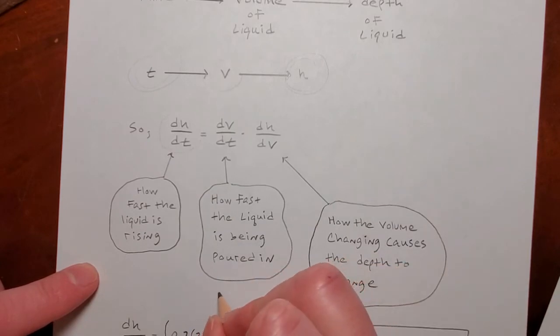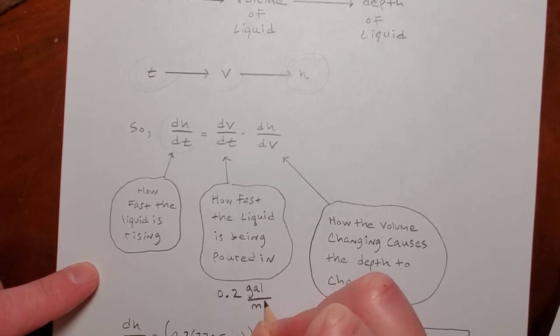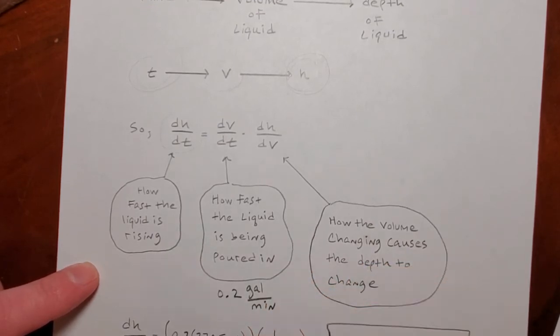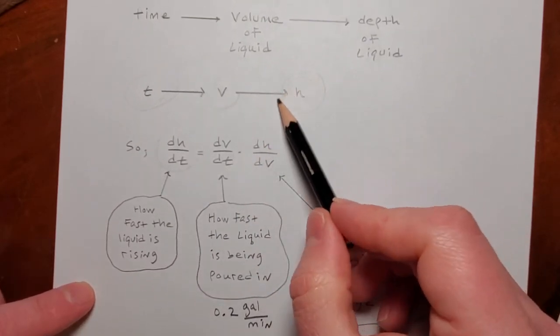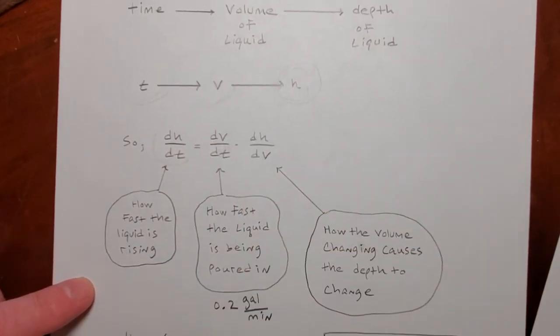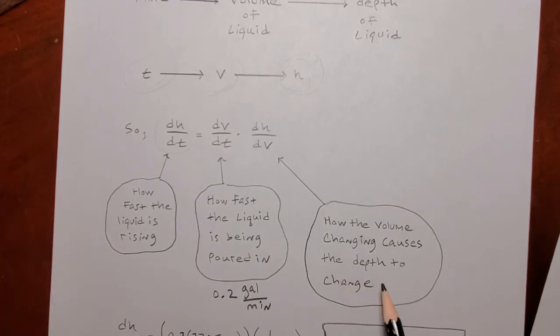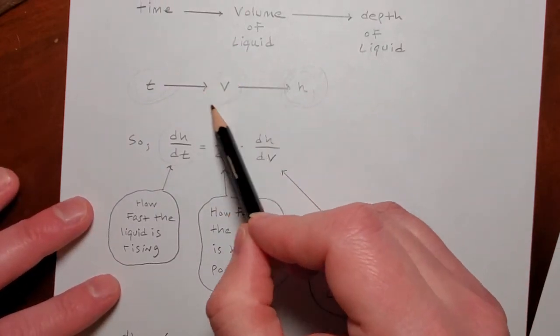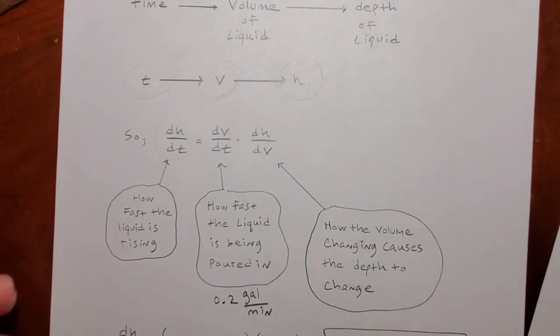That was 0.2 gallons per minute. That's times the change in the depth with respect to the volume, dh over dV. How the volume changing causes the depth. That's what that derivative is. Isn't it true that if the volume got bigger or smaller in the container, the depth would also have to get bigger or smaller? Yes.